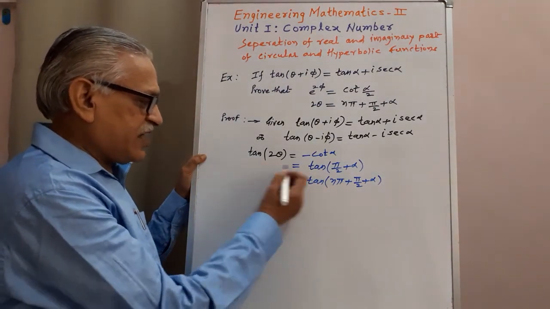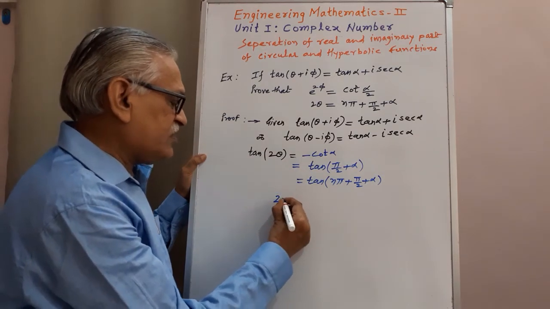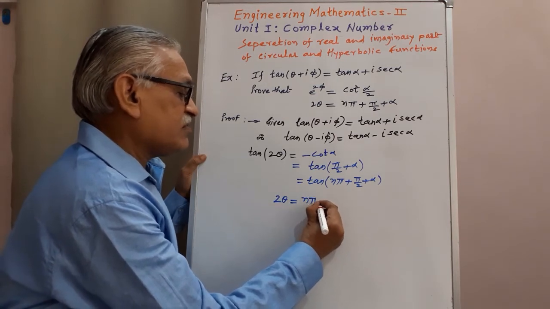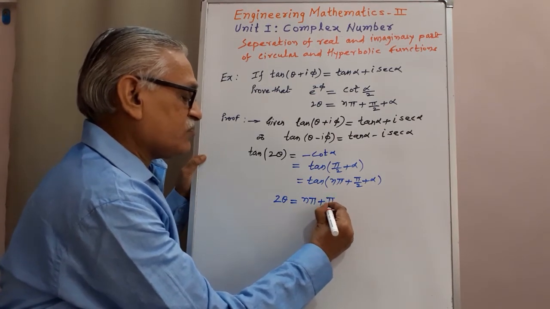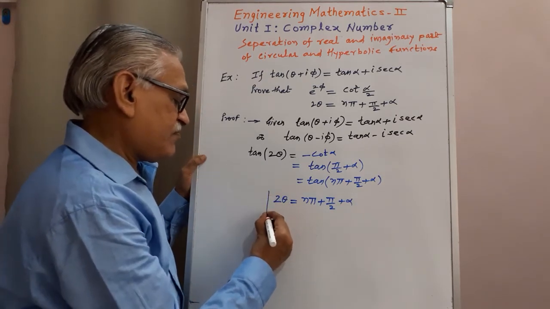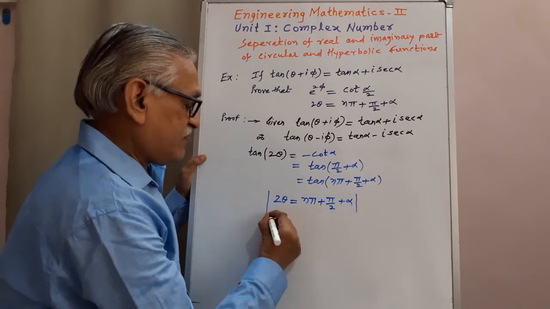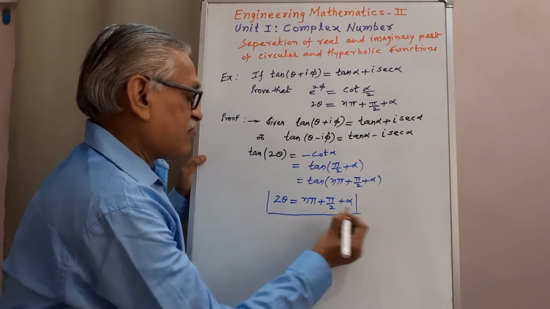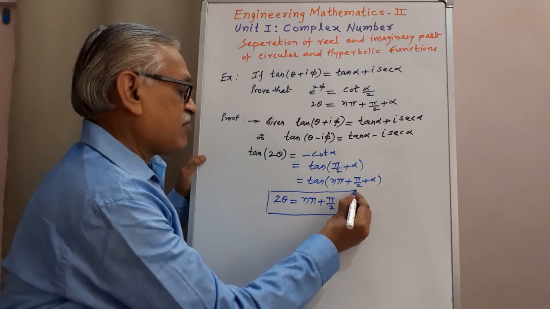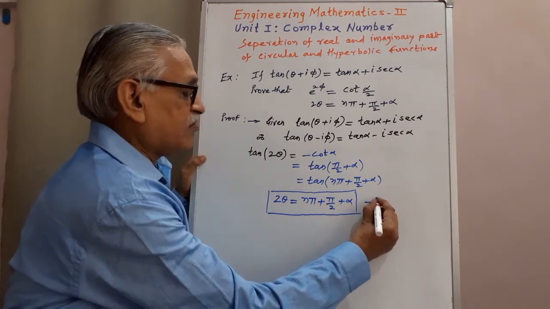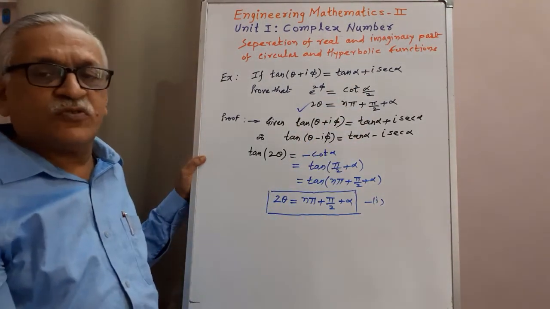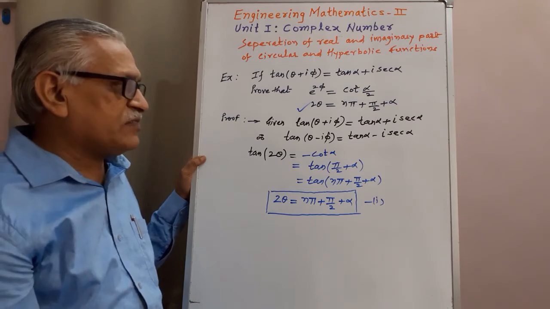So that we can cancel this tan on both sides, we get the first result: 2 theta is equal to n pi plus pi by 2 plus alpha.